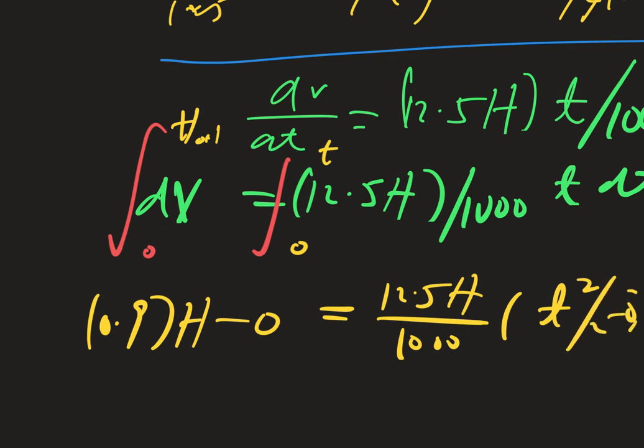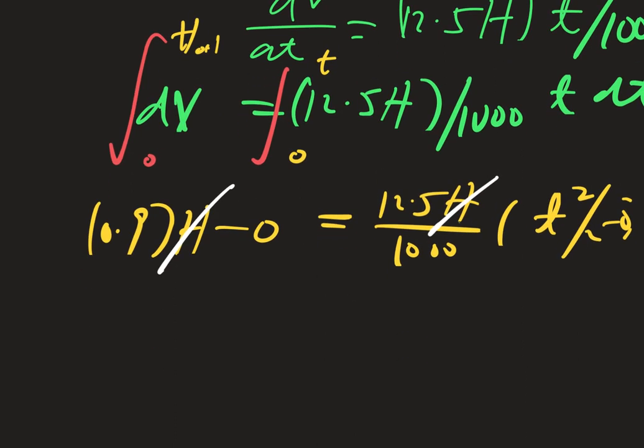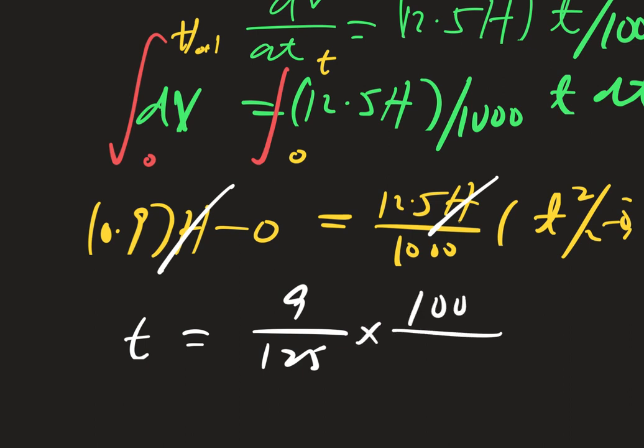Then you notice that the H can be cancelled off. So this t is the square root of 9/125 times 1000 times 2.